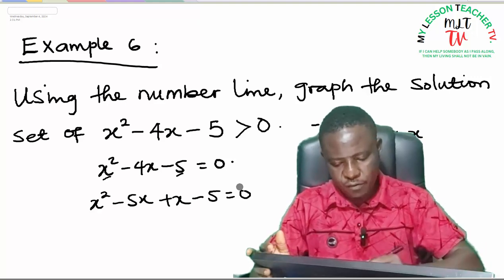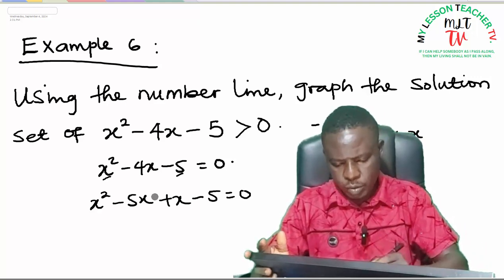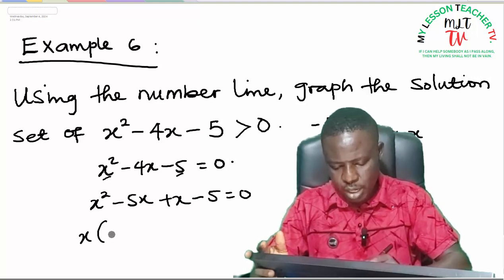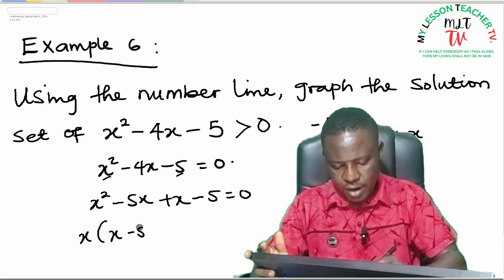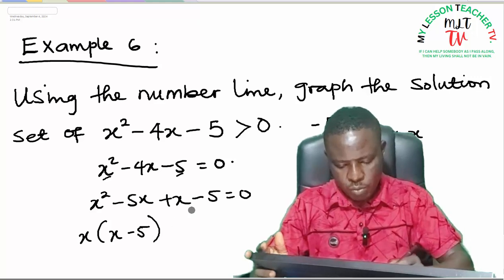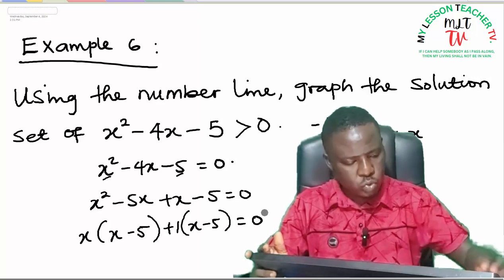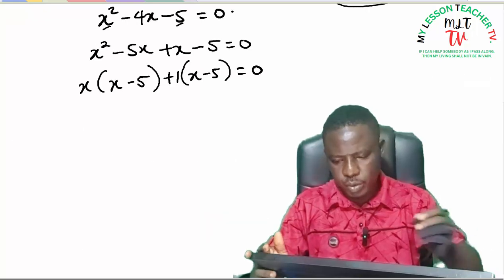I have now made it a four-term expression. So factorize them in twos. X is common. We have x into bracket, x minus 5. What is common in the next two terms? Plus 1 is common, since nothing else is common, into x minus 5, which is equal to 0.